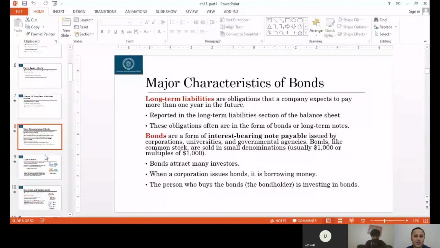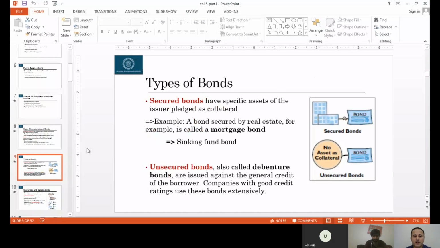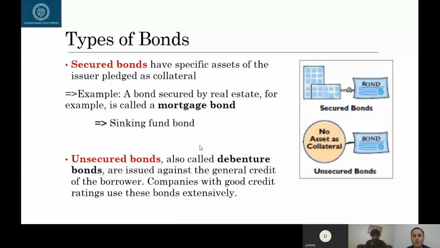All right. So the bonds that we covered last time, there are mainly two types of bonds. One is called secured bond and the other one is unsecured bond. So those companies who are very, very established companies, they do not need to provide any kind of security to its investors.